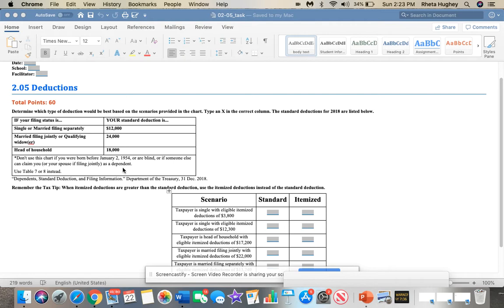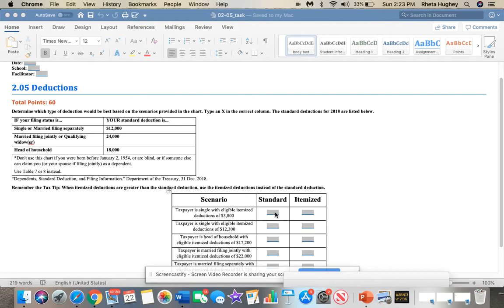If you go back up here to where it says a single person filing, you see the standard deduction is $12,000. So when you compare $3,800 to $12,000, you see that it will be better for this taxpayer to take the standard deduction, so it is higher than the $3,800.